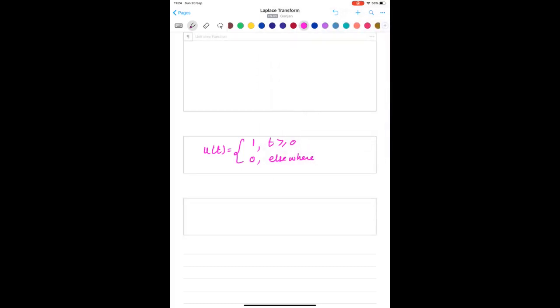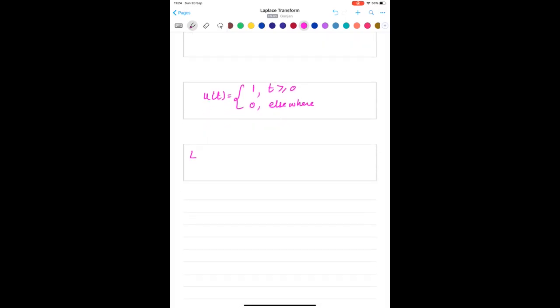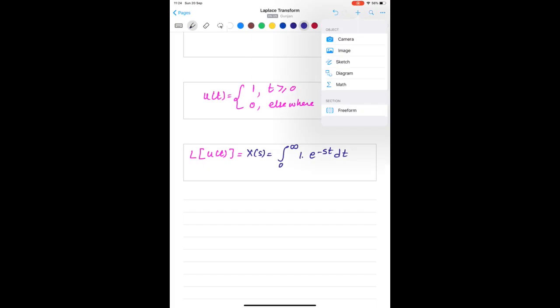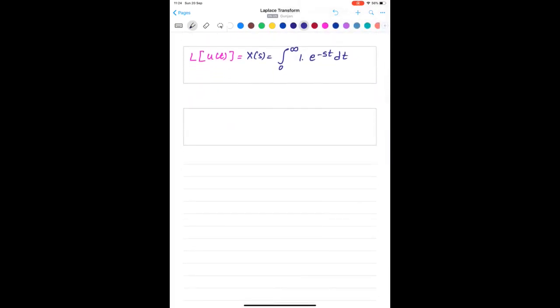So now if we need to find the Laplace transform of u of t, then x of s is equal to the integral from 0 to infinity of 1 dt. When you find the integration of it, x of s equals minus 1 upon s into e raised to the power minus st, and the limits are 0 to infinity.